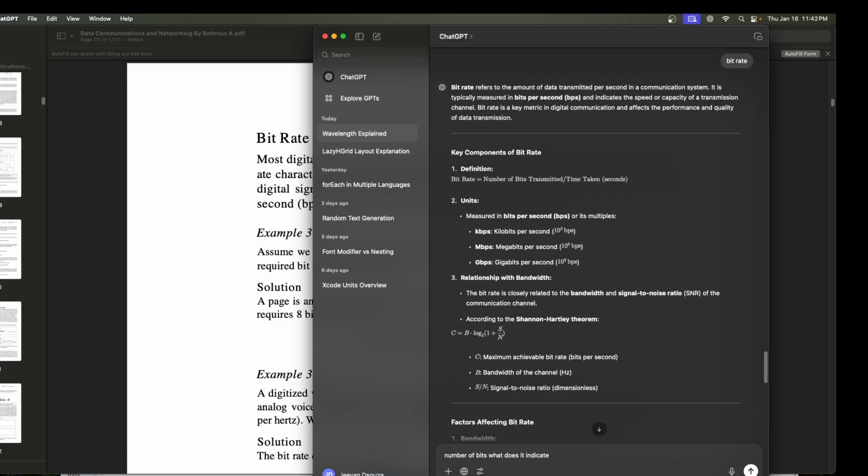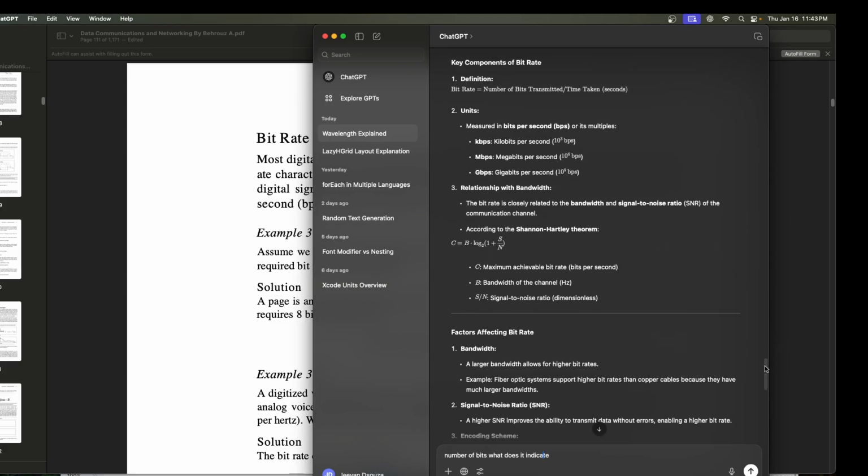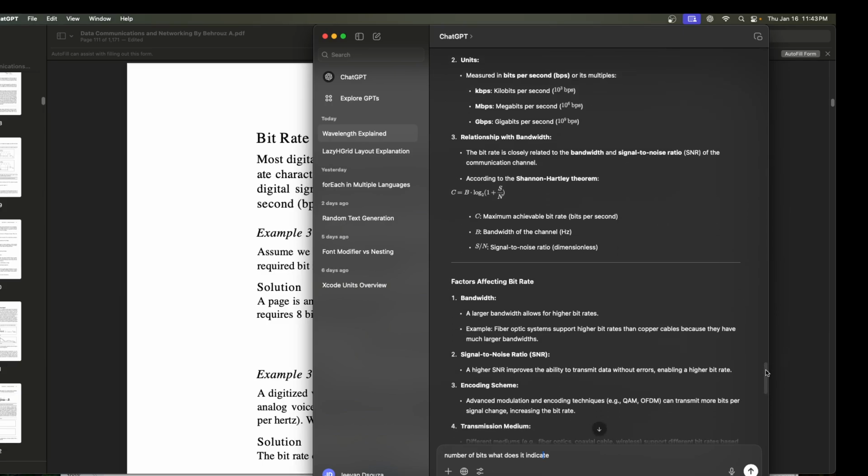Now there is a relation between bit rate and bandwidth. So factors affecting bit rate. Now a larger bandwidth allows for a higher bit rate. Larger bandwidth means I have a larger number of signals that can be transmitted.